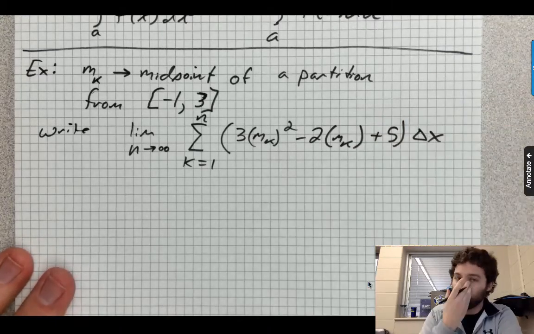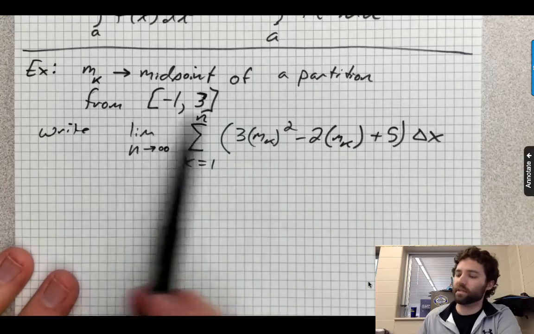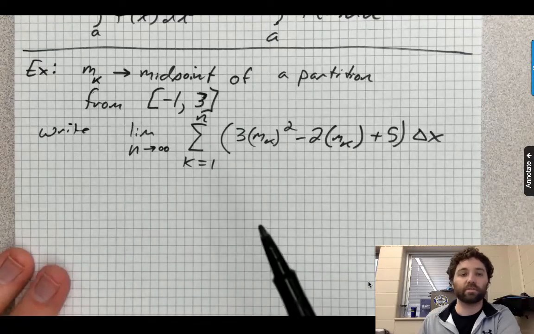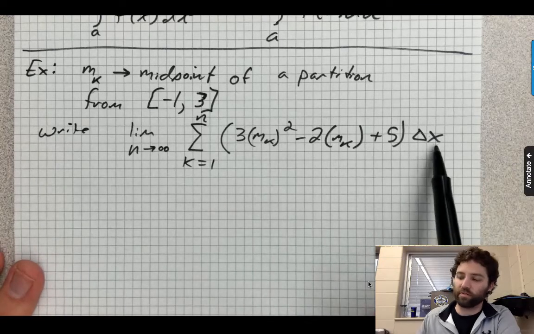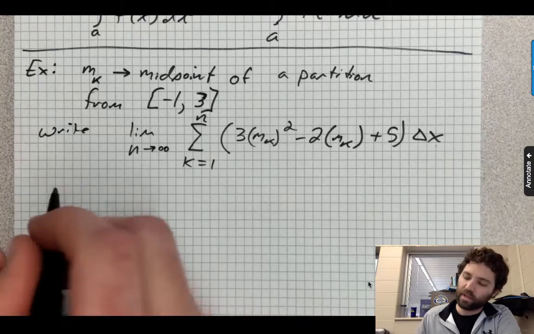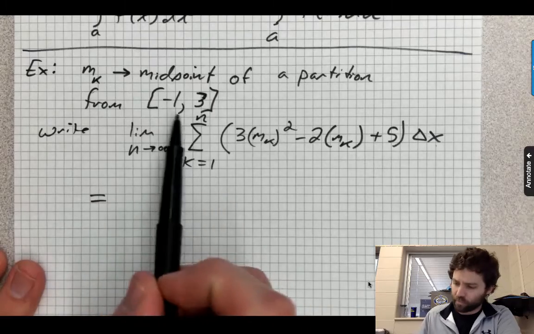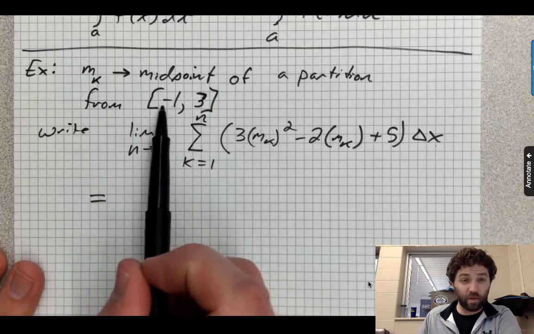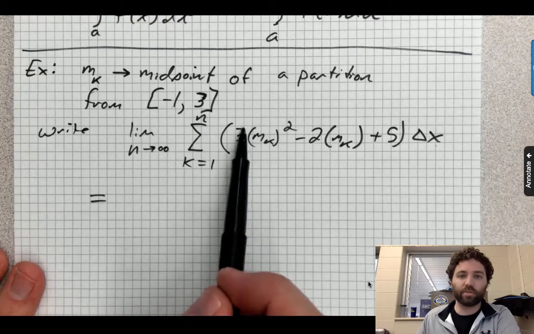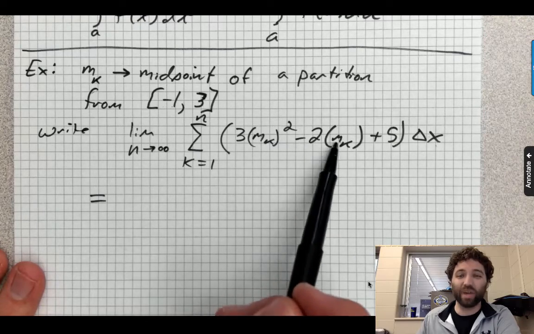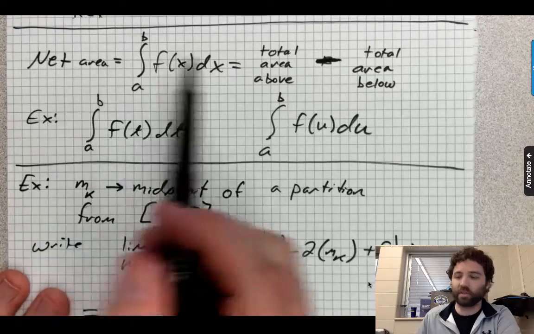And what we're trying to do is take this infinite sum here and turn it into a definite integral in terms of x. All right, so delta x tells us our variable should be in terms of x. And we're going from -1 to 3, so that's our lower and our upper bounds, so our a and our b. Our function is going to be 3x squared minus 2x plus 5. Again, I'm just trying to fill in the pieces here.